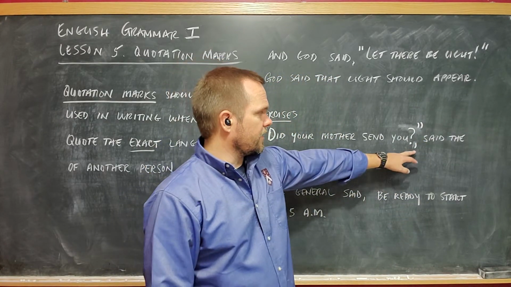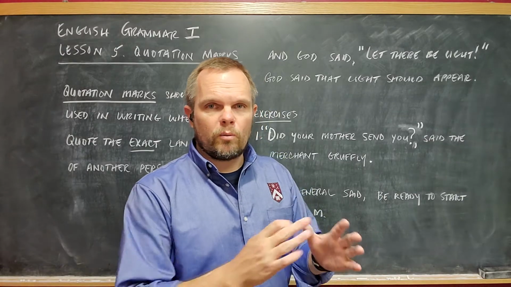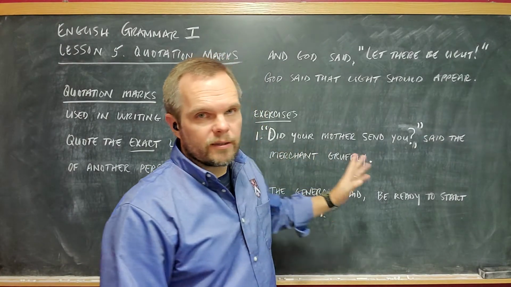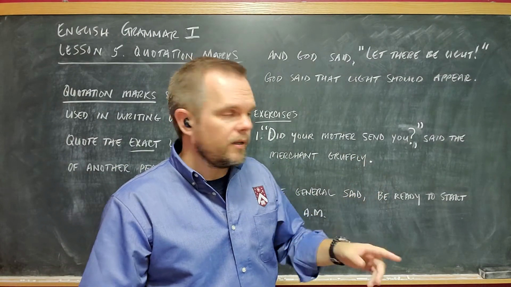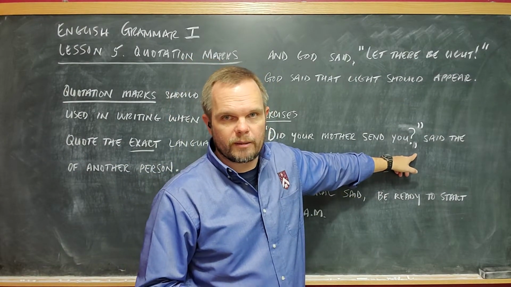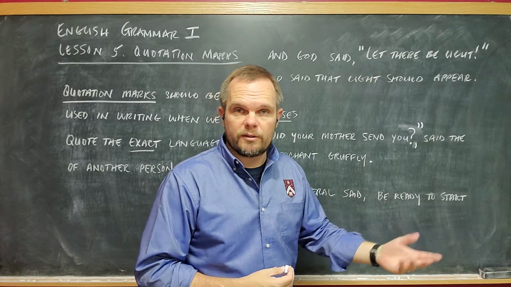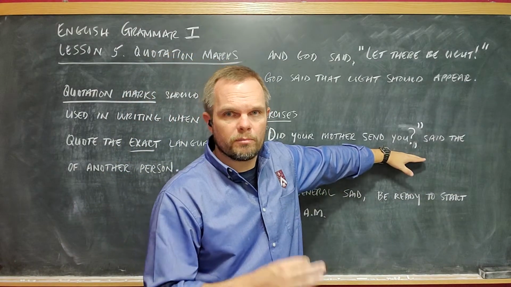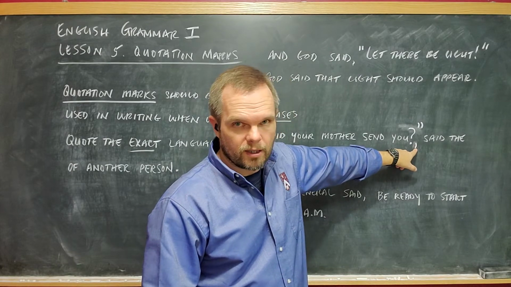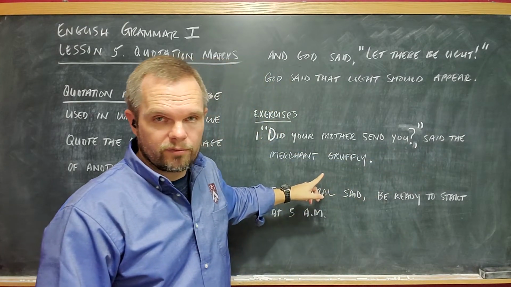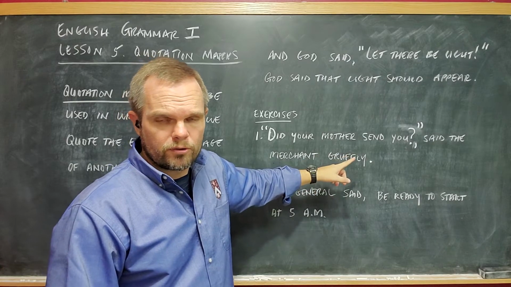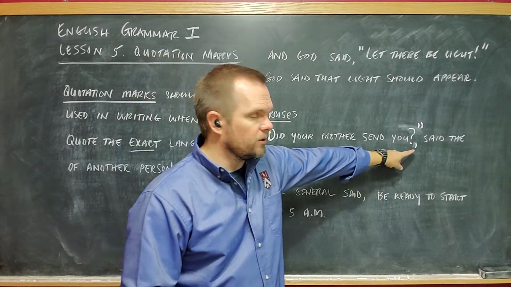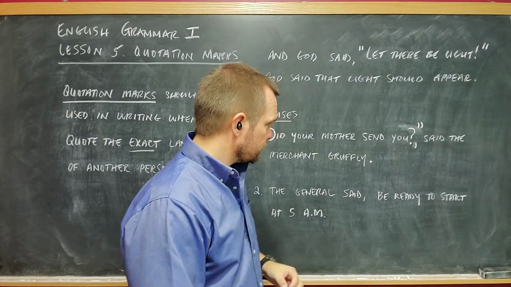We haven't studied the comma yet, but a comma just shows where there's a pause in the speech. And if you read this, you can hear the pause. The comma just shows us where that pause is. It helps the reader to not get confused. "Did your mother send you?" Pause, marked by the comma, said the merchant gruffly. Okay, the comma just marks a pause.